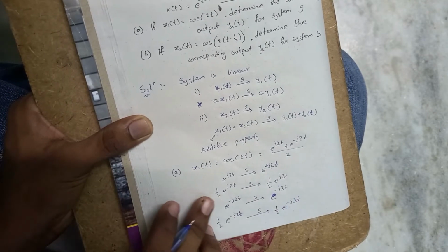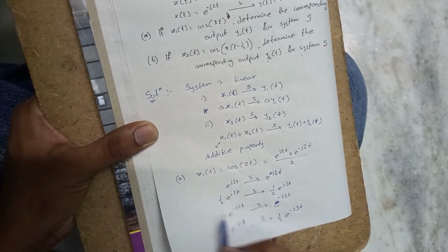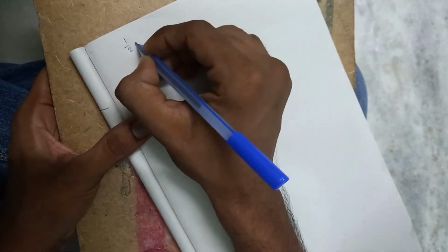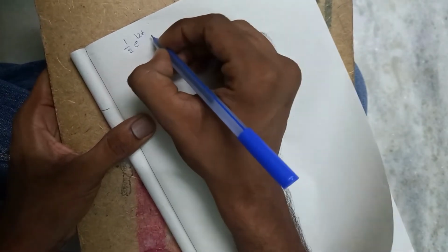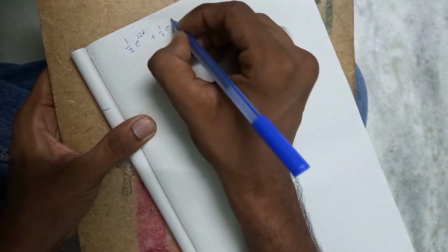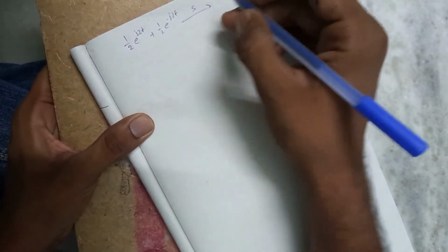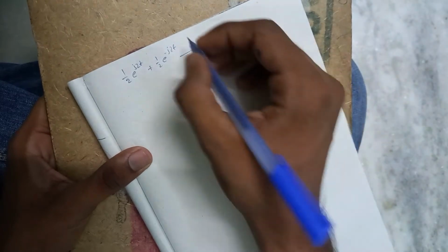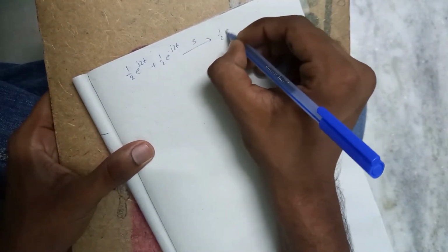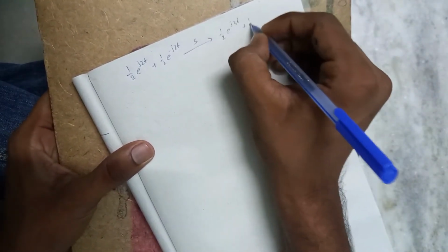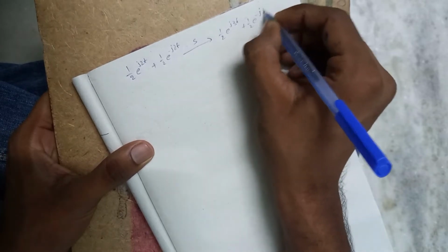If we add these two, the input will be 1 by 2 e power j2t plus 1 by 2 e power minus j2t. So this is the input. The output should also be the sum, that is 1 by 2 e power j3t plus 1 by 2 e power minus j3t.